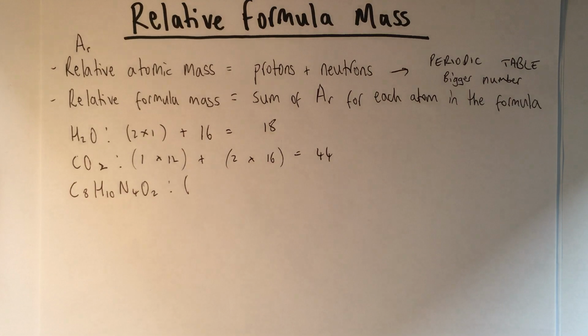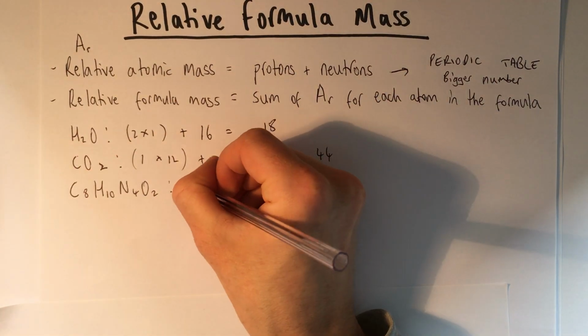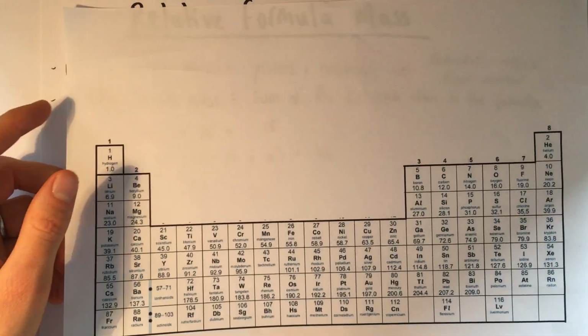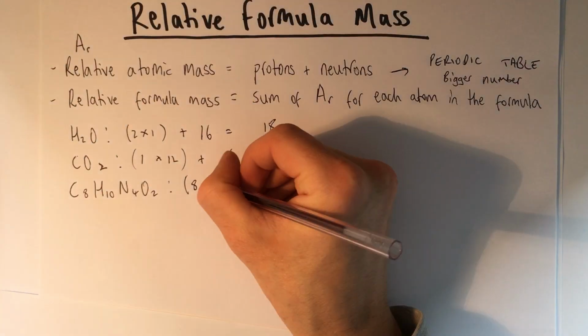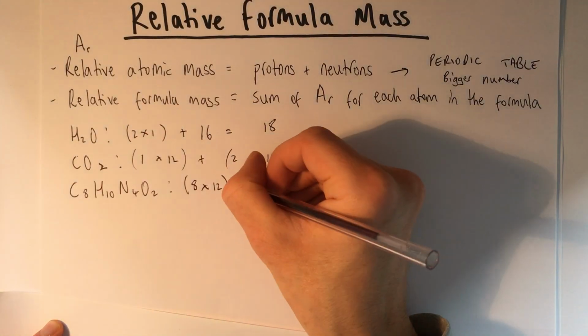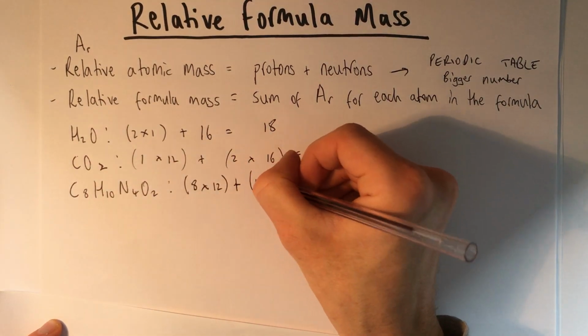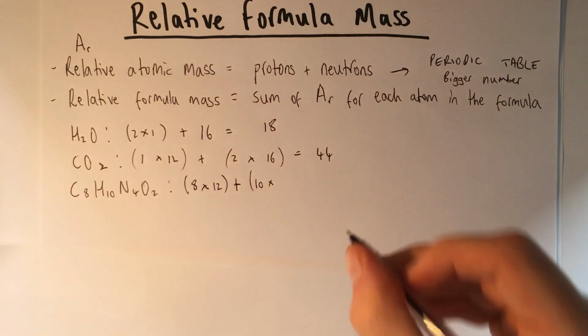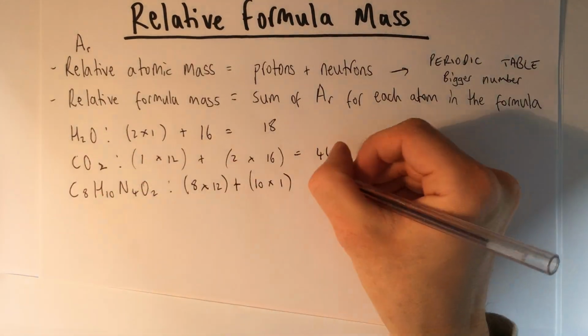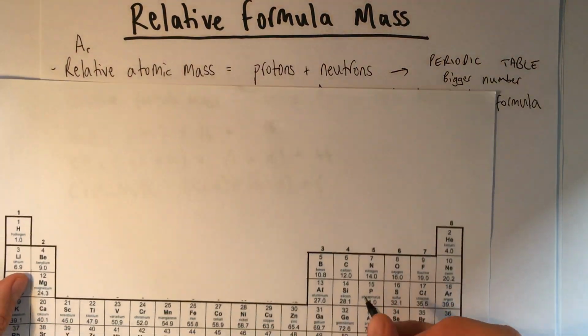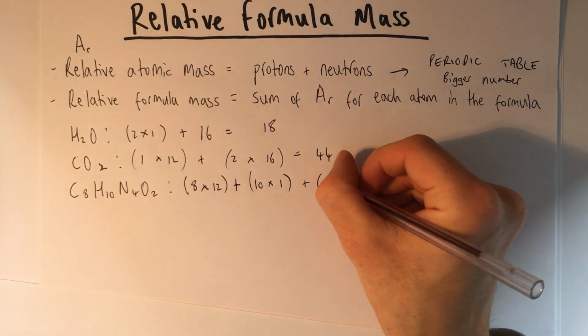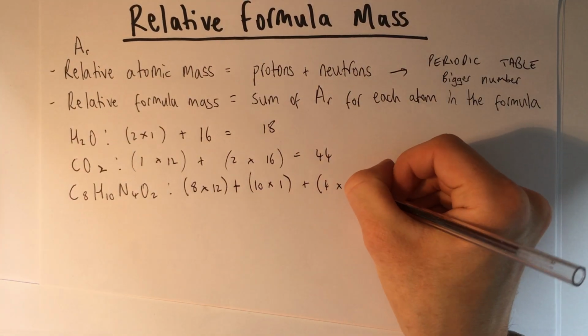So to lay out the calculation for that one, I'm just going to use my brackets again to show how many and the relative atomic mass for each atom. So I'll start with carbon. There's 8 of them, and the relative atomic mass of carbon is 12, so 8 lots of 12. I'm going to add to that hydrogen. There's 10 of them. Relative atomic mass is 1, so 10 lots of 1. For nitrogen, it's 14, so 4 lots of 14.